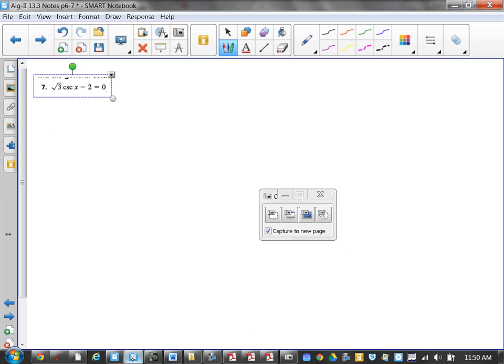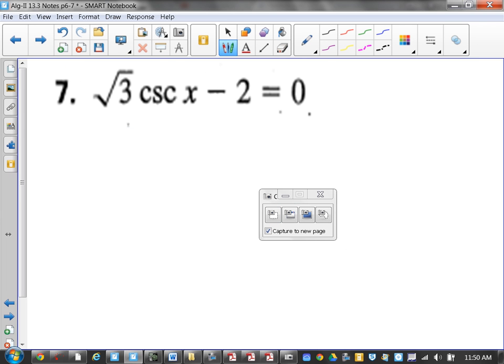What you're going to be able to do over the course of the next week or so is take an equation like this and solve for x. Root 3 times cosecant of x minus 2 equals 0. If I'm going to solve for x, I've got to move all my stuff first before I get to the cosecant.